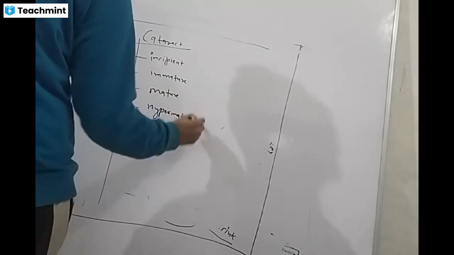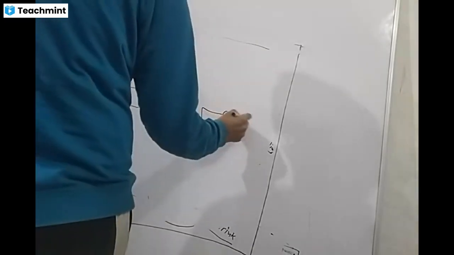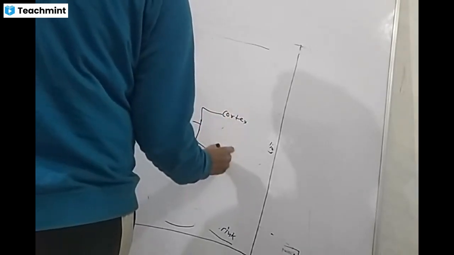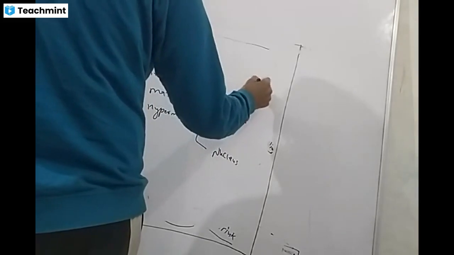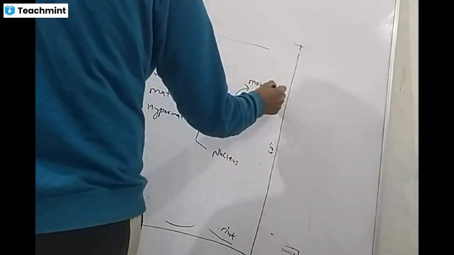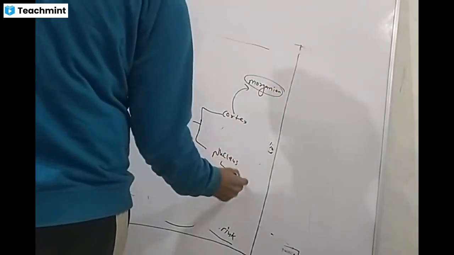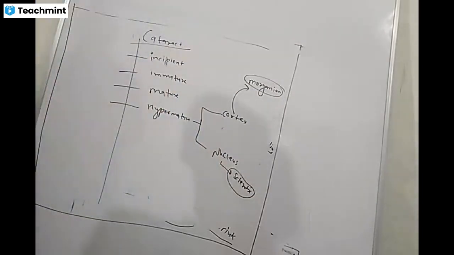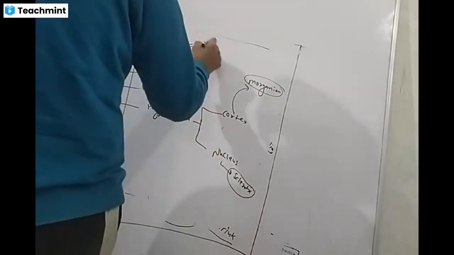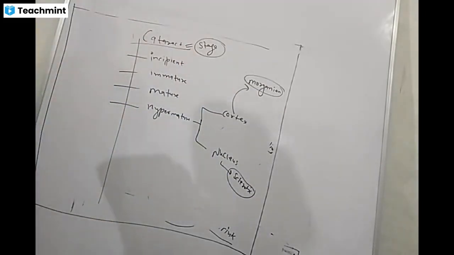And hypermature is also of two types: if the cortex is hypermature, we call it Morgagnian, and if the nucleus, then it is called sclerotic. So this is the cataract classification based on the stage of development.